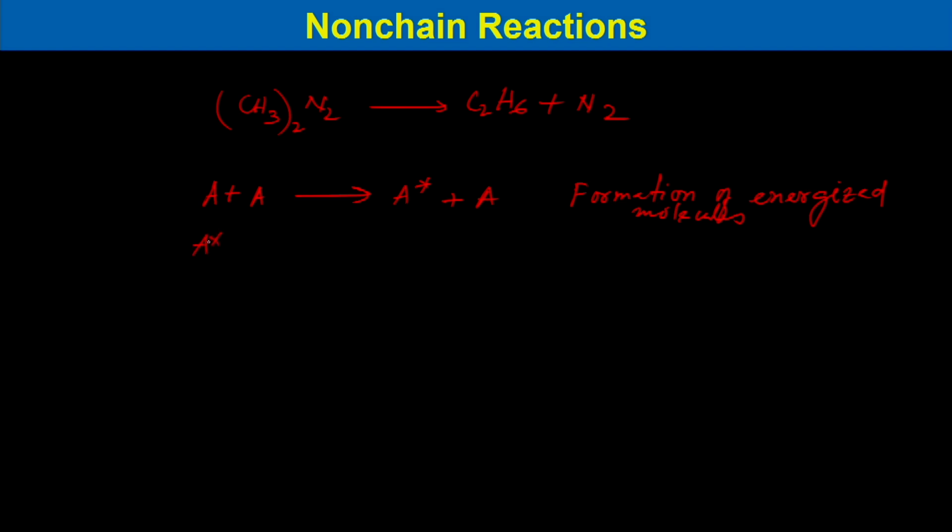Then A star reacts with A to form A plus A, that is forming the stable compound, and we can view it as the reverse reaction of the first one.